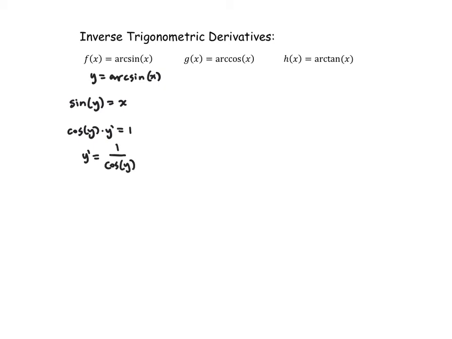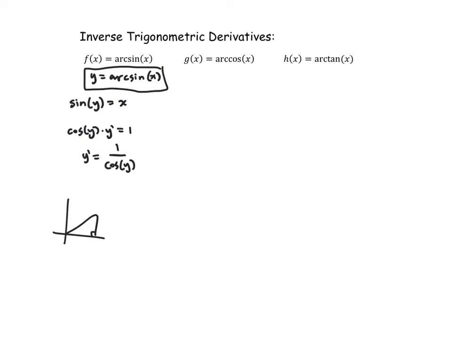Now, what the heck does that even mean? Well, let's look back at the original: y equals arcsine of x. Recall that if I take the arcsine of a ratio, I get an angle.